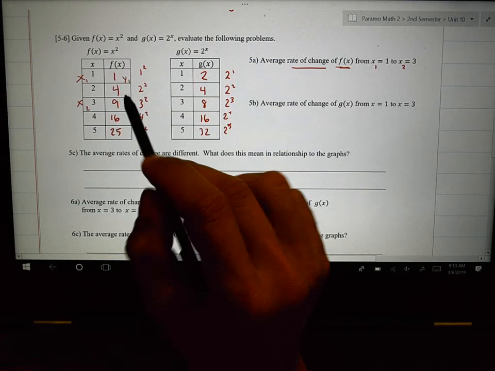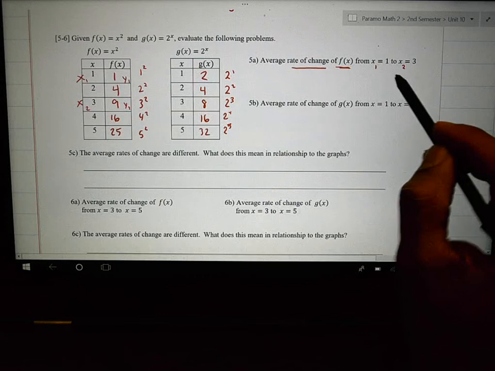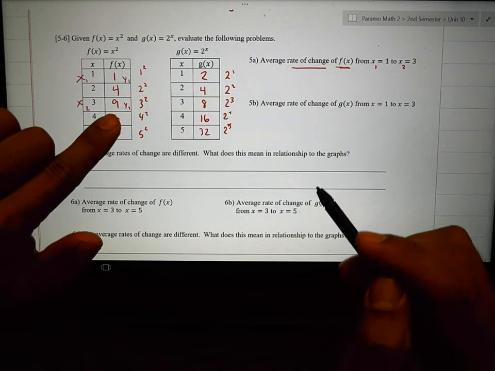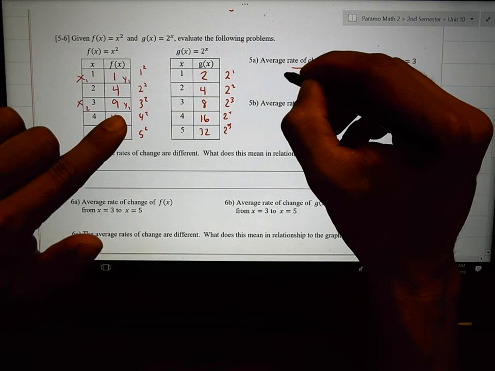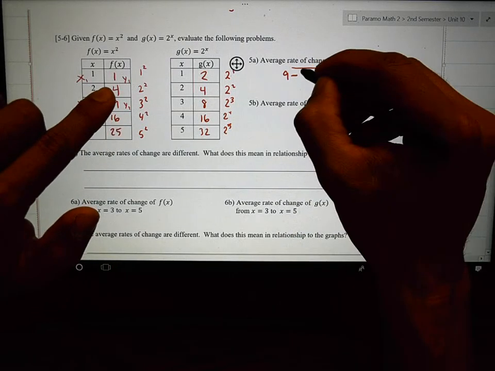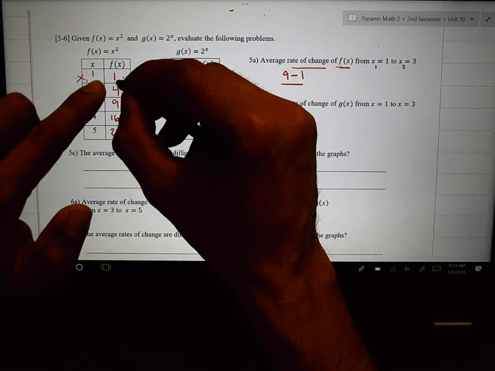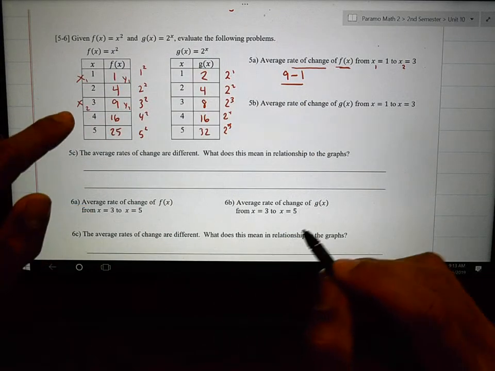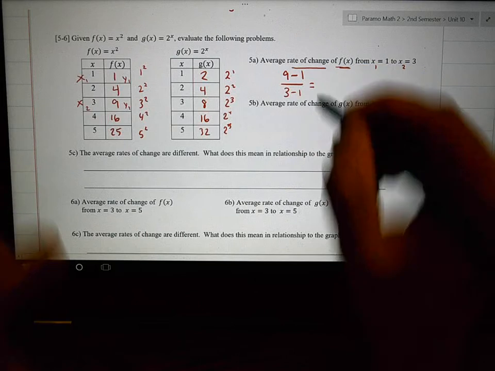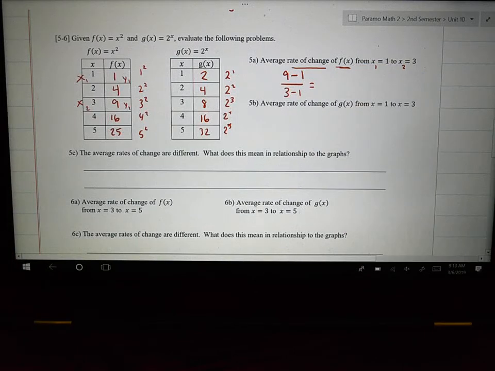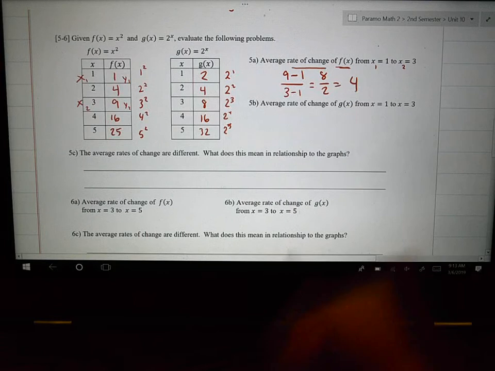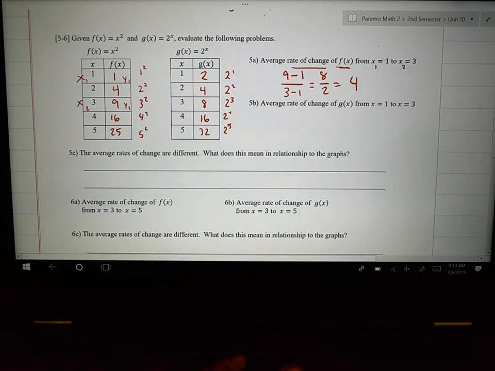I'm just kind of putting them over there because that's what I have to use to figure it out. So I'm going to do y2 minus y1, y2 minus y1, 9 minus 1, over x2 minus x1, which is 3 minus 1. 9 minus 1, 8. 3 minus 1, 2. The average rate of change is 4.